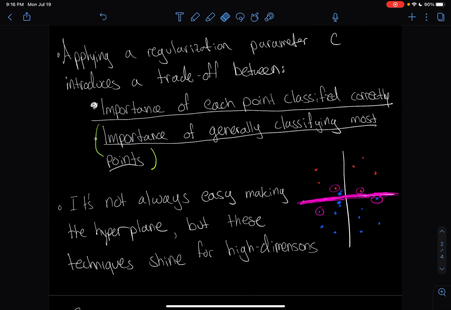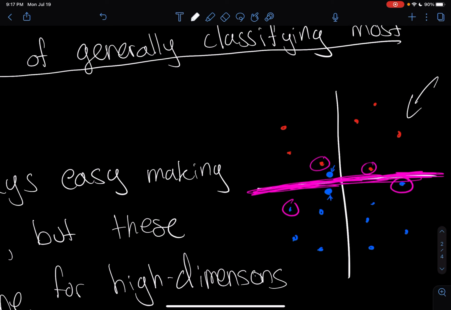Okay. Now, another note I want to make here is that it's not always easy making this hyperplane. These two plots that I've made here basically represent one or two features, one or two dimensionality of data, right? And as you saw just now, this blue point easily could have crossed over and suddenly been in the wrong class, and now my model is no longer perfect, right?